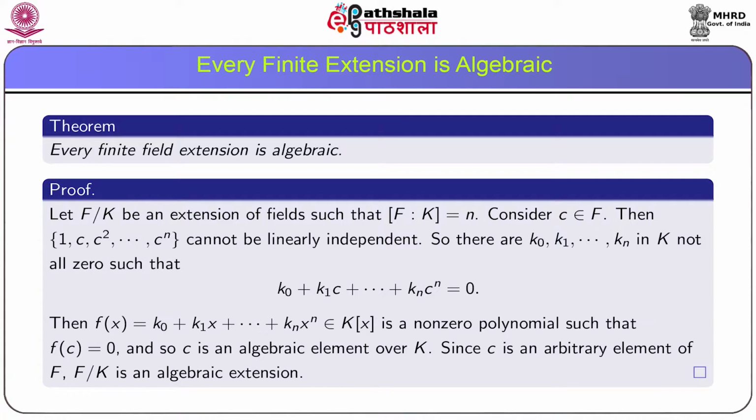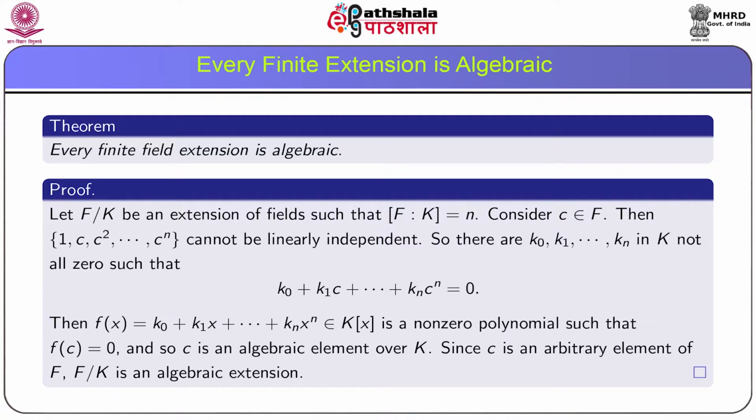Since the dimension of the vector space F over K is n, no set of more than n elements in F can be linearly independent over K, and so the set 1, c, c square up to c to the power n cannot be linearly independent, and hence we have n plus 1 elements k0, k1, and so on kn in K, not all 0, such that k0 plus k1c plus so on plus kn c to the power n will be 0.